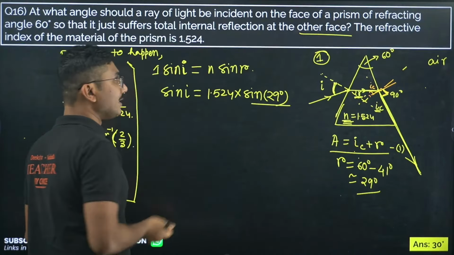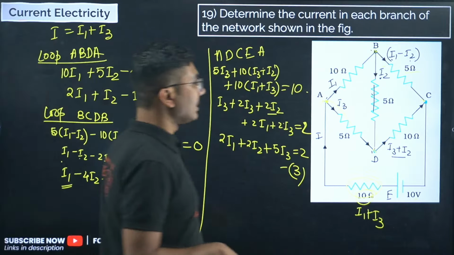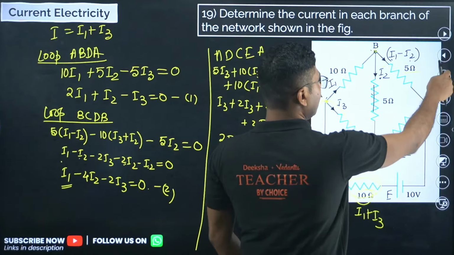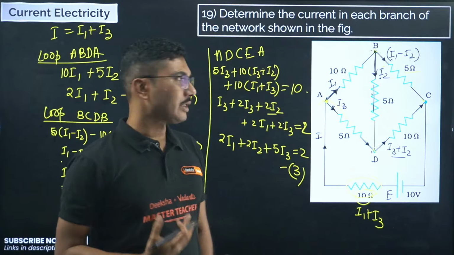Okay. How to take I1 minus I2 and I3 plus I2. So see here, I have assumed this current is I1, this current is I2, and this current is I3. This I have assumed at the beginning.